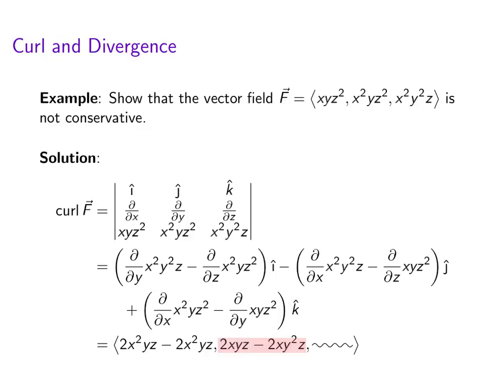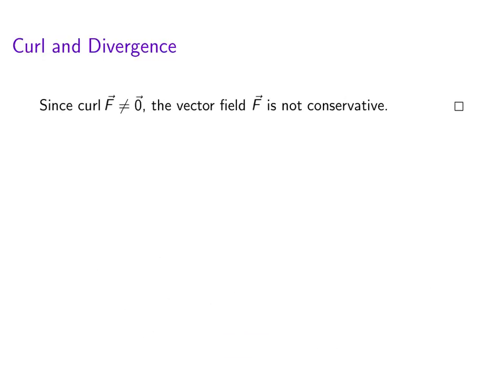In order for this whole thing to come out to zero, each component would have to come out to zero. So this is an I don't care. That's why I put a squiggle there. It doesn't matter what this is. So the whole thing is not the zero vector. So we've established that the curl of the vector field is non-zero, so the vector field f is not conservative.